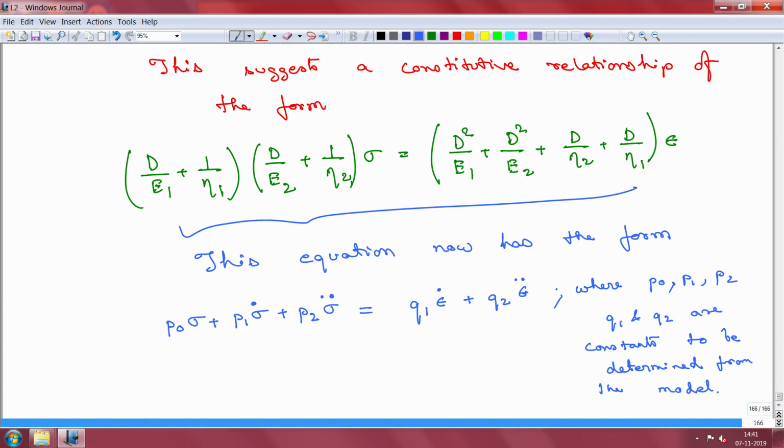Right. So, we see that by having two Maxwell elements juxtaposed with each other, we have created a situation that leads us to an ordinary differential equation once again, relating stress and strain, but this time, because you have two models, you also have double derivatives.